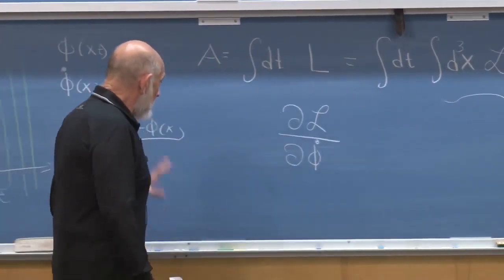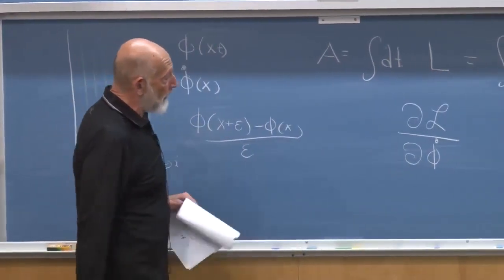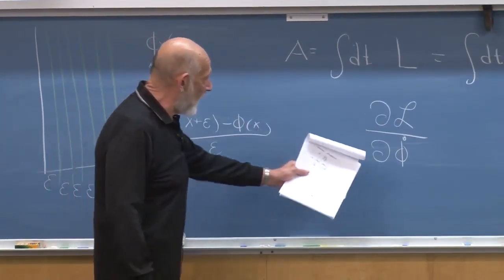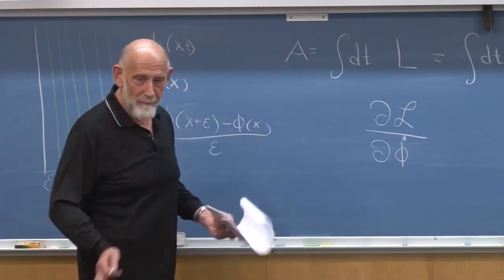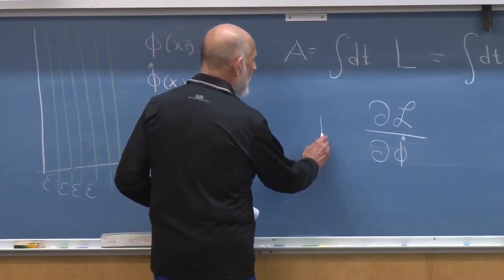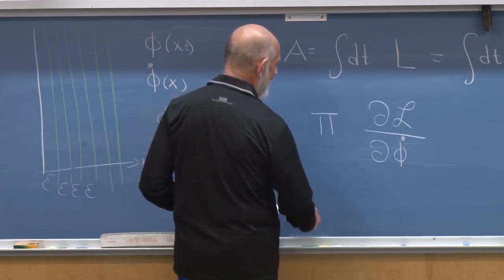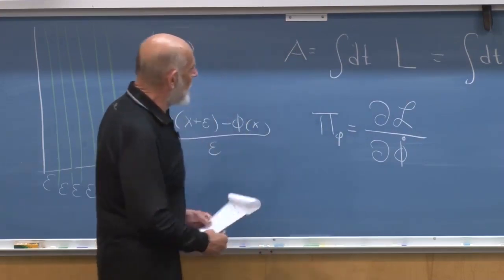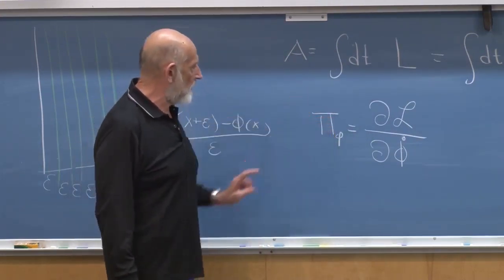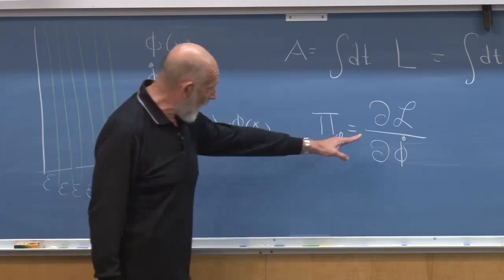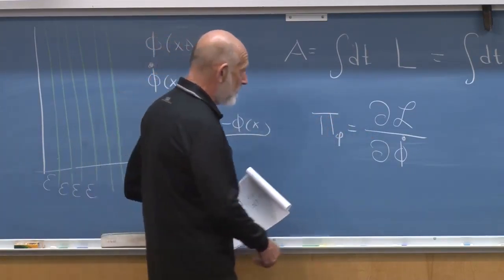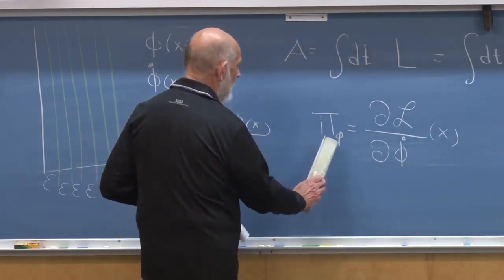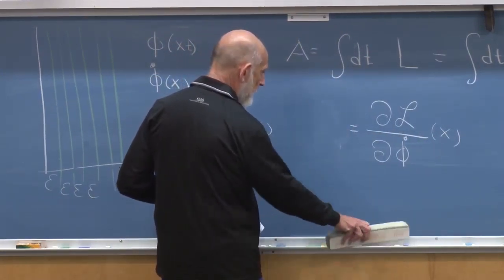All right, so we're interested in the derivative of the Lagrangian with respect to phi dot, and that is the canonical momentum conjugate to phi. I don't want to call it p because we're going to save p for something else, so the standard notation for it is pi, sometimes pi sub phi. In other words, the canonical momentum conjugate to the coordinate phi, and both sides are functions of position.